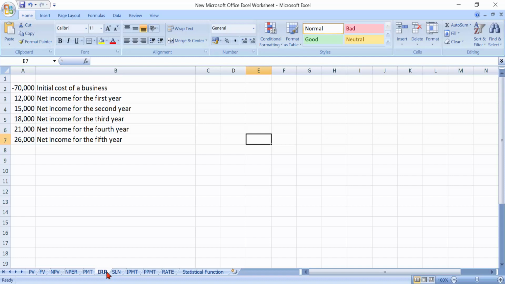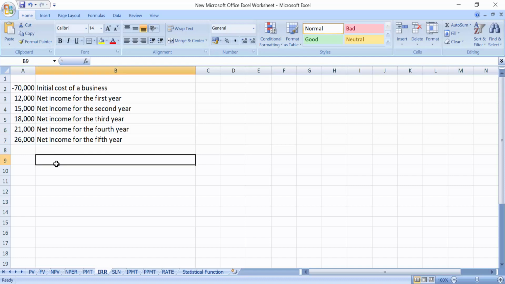Here, the interest rate of return is the interest rate that is received for an investment consisting of payments and income that occur at regular periods. Here, payments may contain negative values and income means positive values.